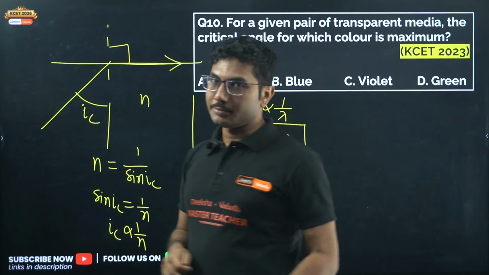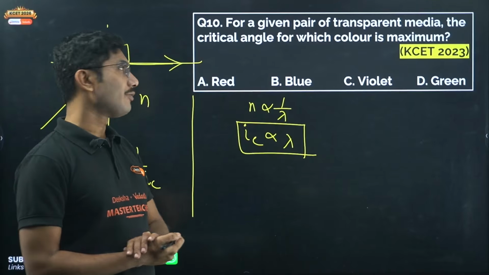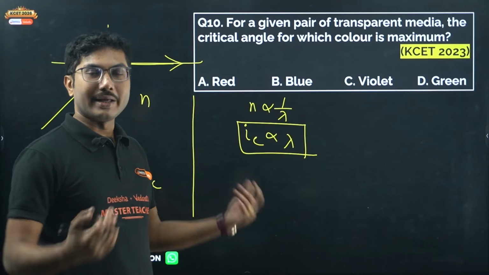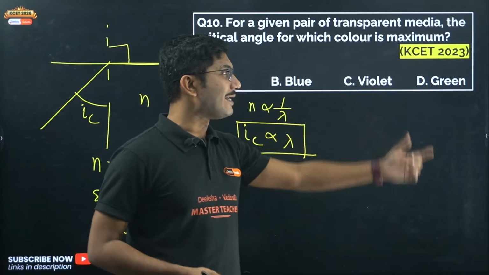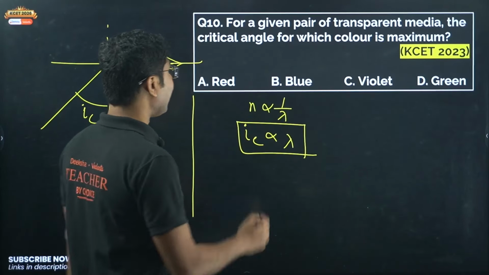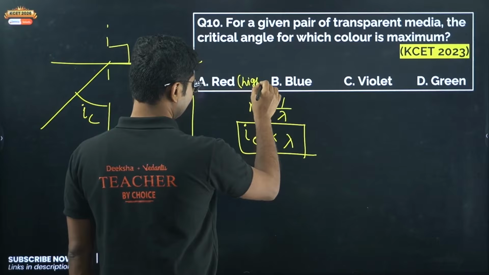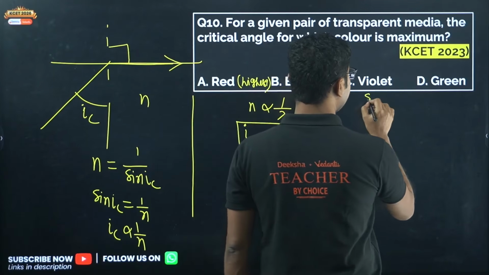So iC must be directly proportional to wavelength. That means the higher the wavelength, the higher the critical angle. So who has the highest wavelength amongst these? The red light has the highest wavelength, and among these, violet has the smallest.